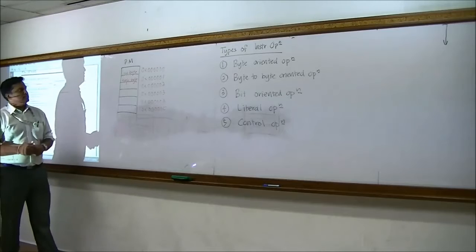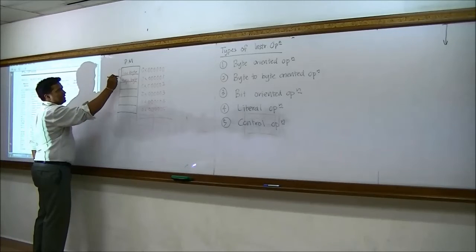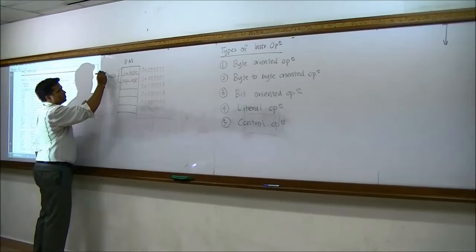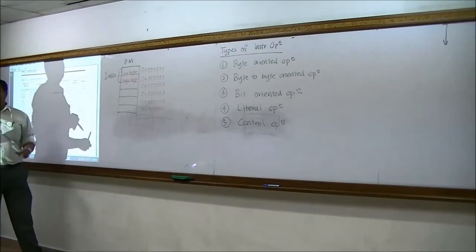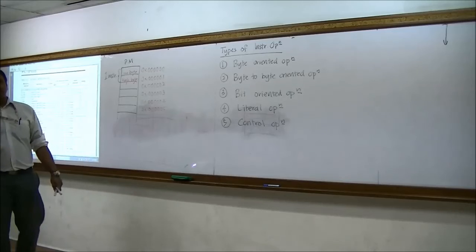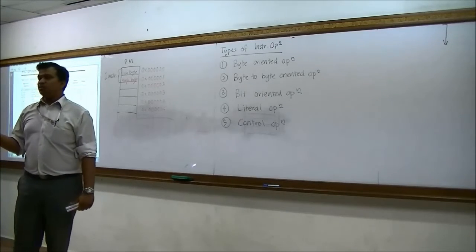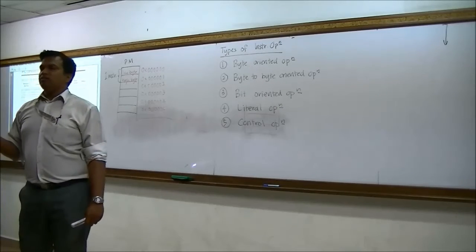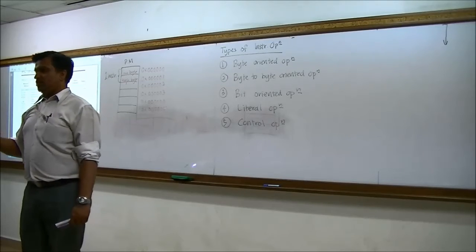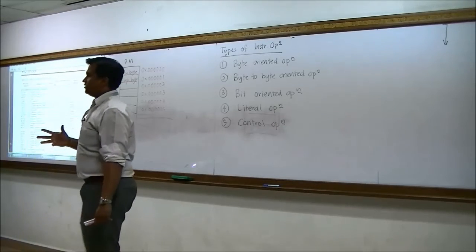So which means one instruction takes two locations. One instruction minimum takes 2 locations, except for the 32 bit long instruction, it will take 4 locations. You are getting?